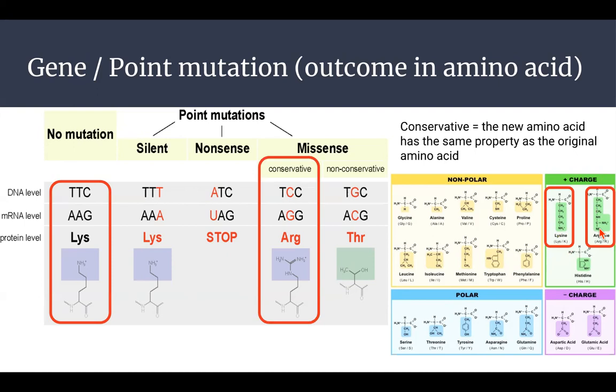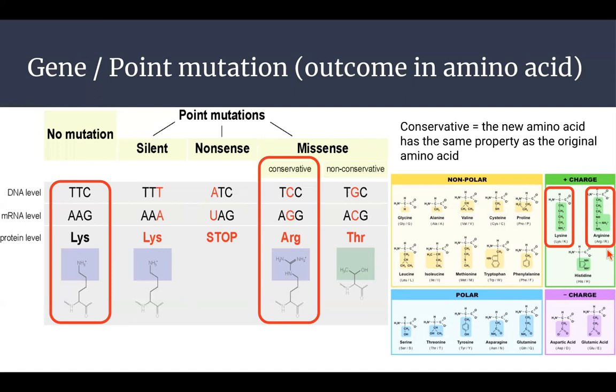They both have positive charge. So the property of the amino acid hasn't changed. Now, if the property of the amino acid doesn't change, this means that the resulting folding is also likely going to be conserved. So you fold the amino acid chain in the same way.